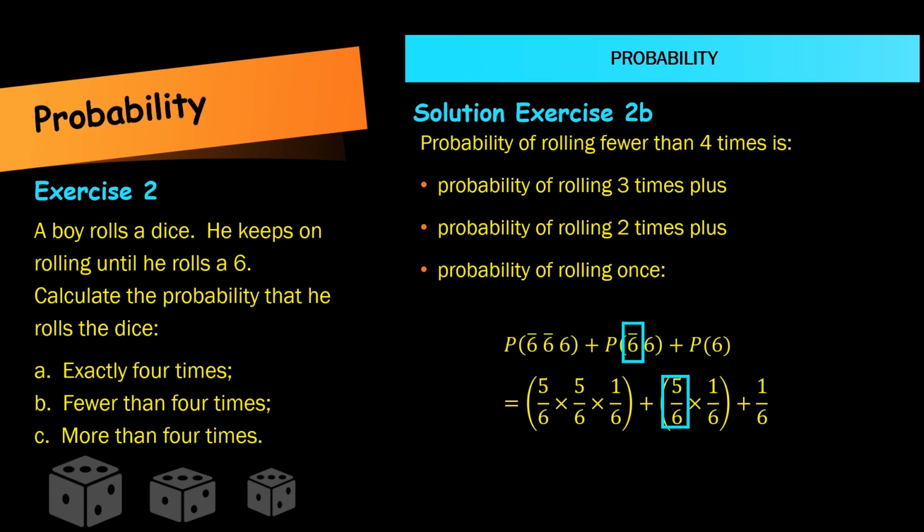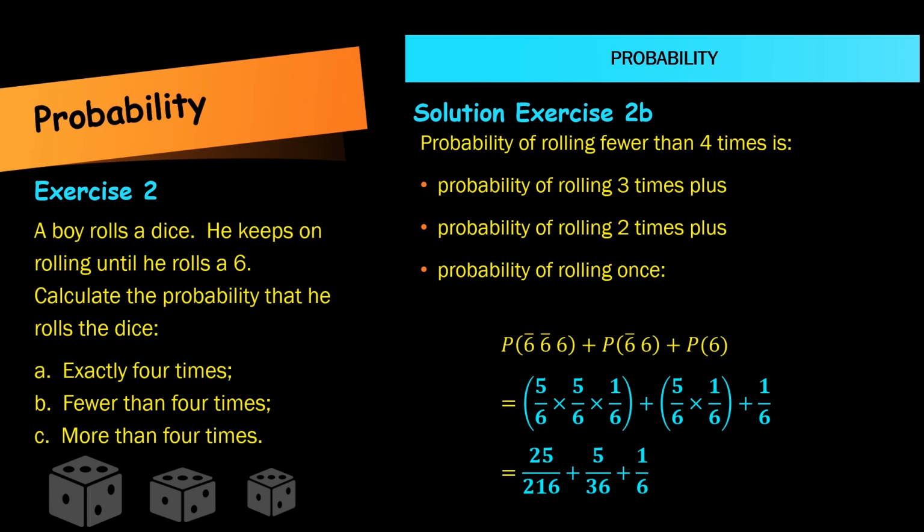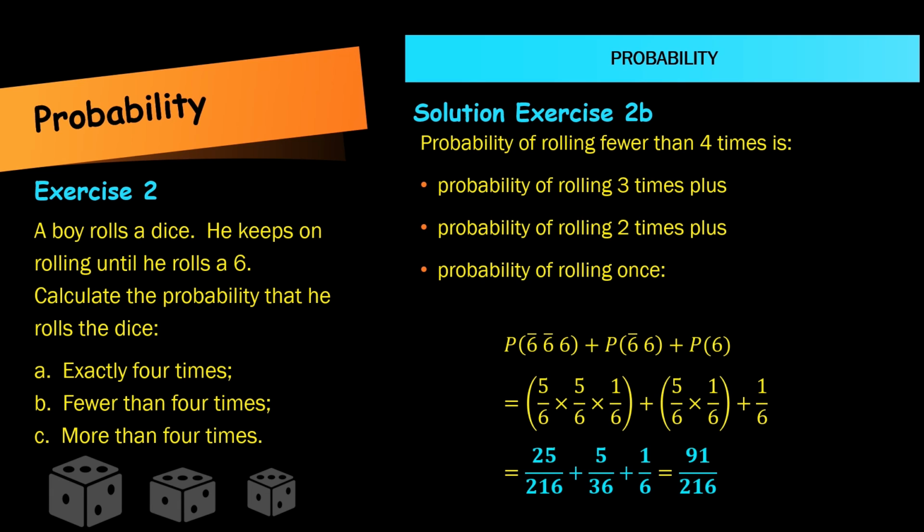And similarly we add that to 5/6 times 1/6 plus probability of rolling a 6 on the first go, which is 1/6. And calculating this gives us the expression shown here. And finally, tidying up gives us 91 out of 216.